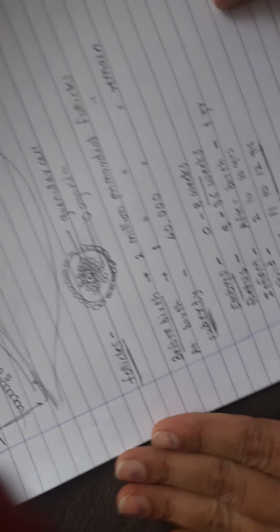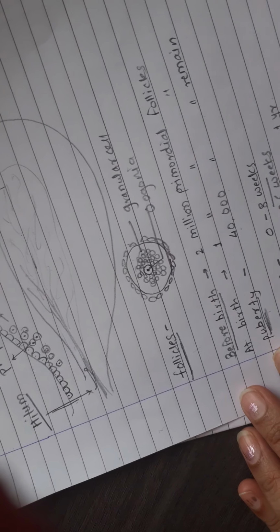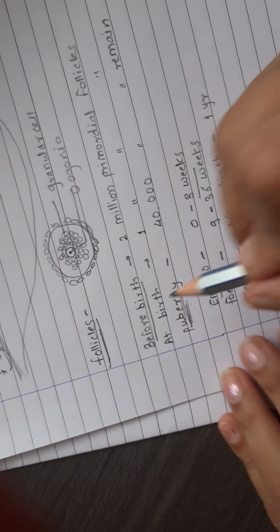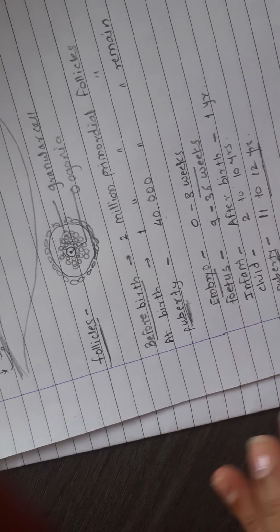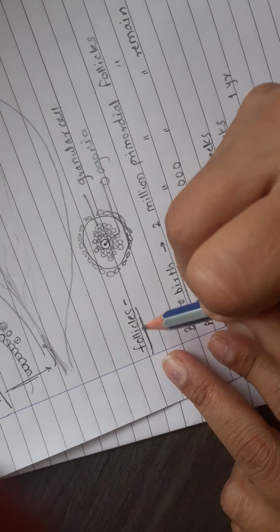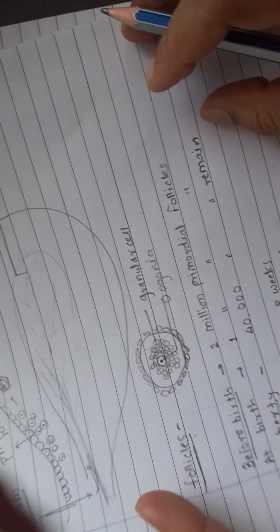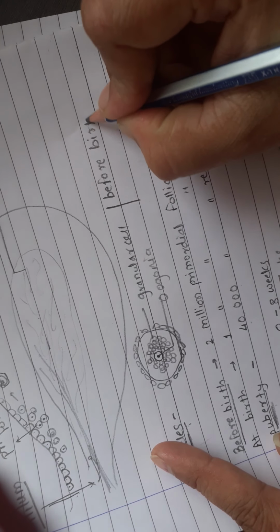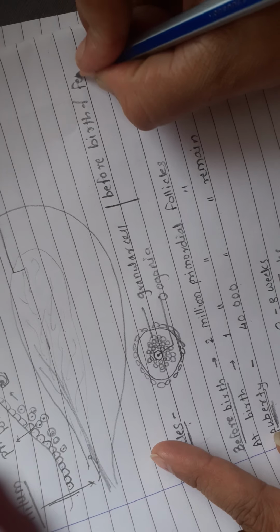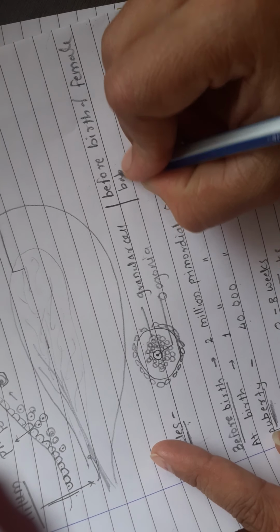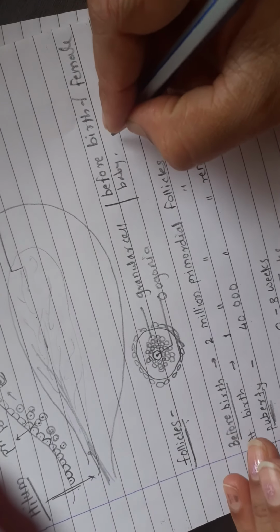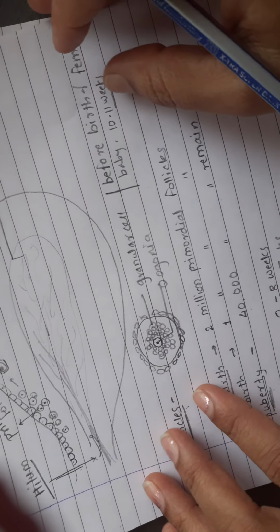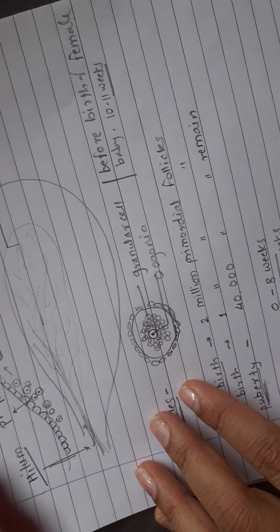The follicles are formed before the birth of the female baby, at 10 to 11 weeks.